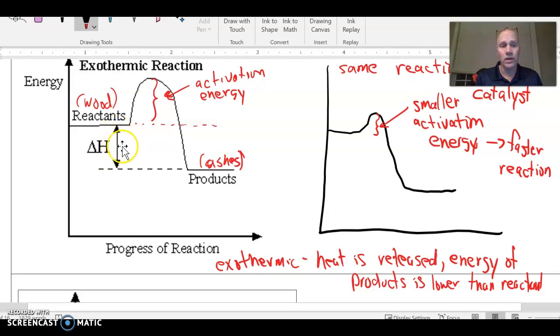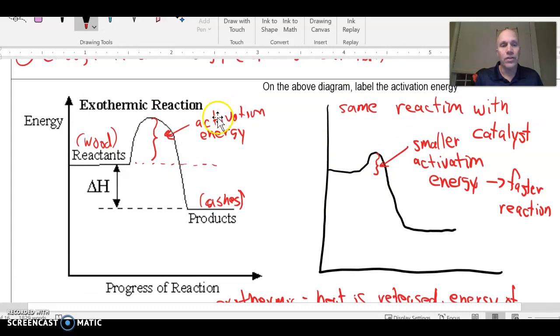When this thing loses energy, that's the heat that's given off by the reaction. Again, activation energy is the difference in energy between the reactants and this level right here. If you have a very high activation energy, it's very hard to get the reaction to go.